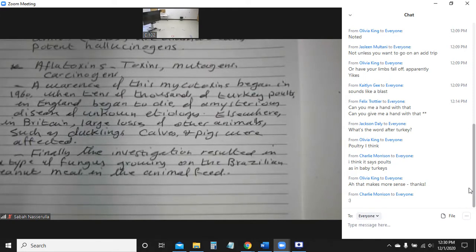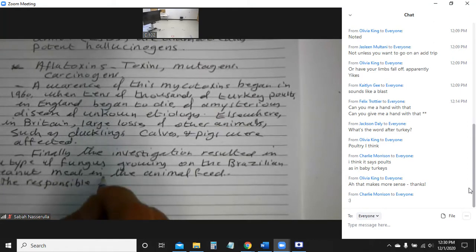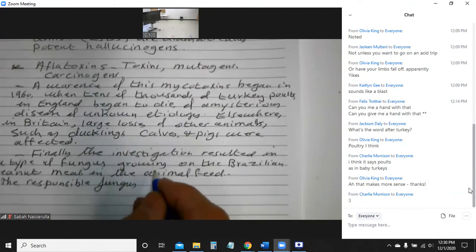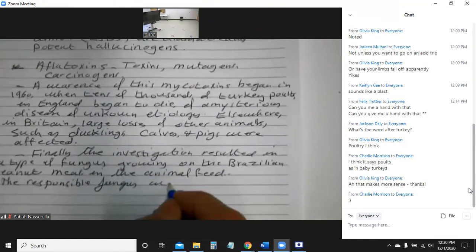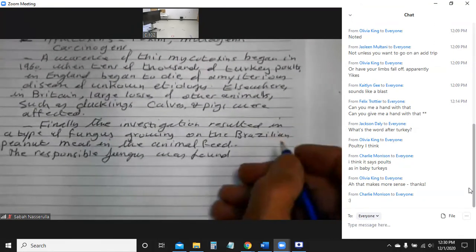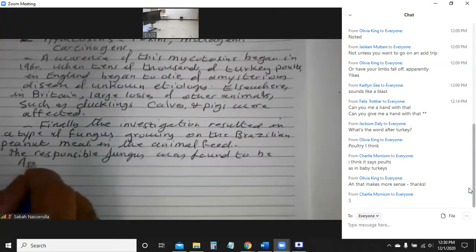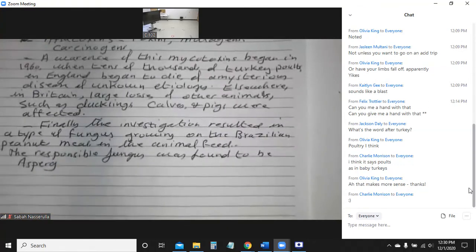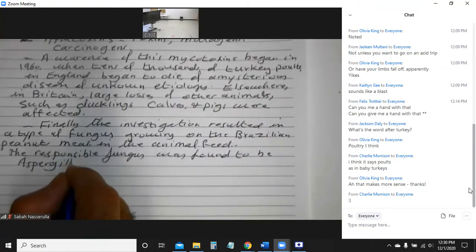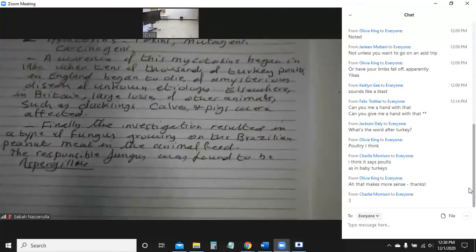To mention to you here, the responsible fungus was found to be, as I mentioned, Aspergillus flavus.